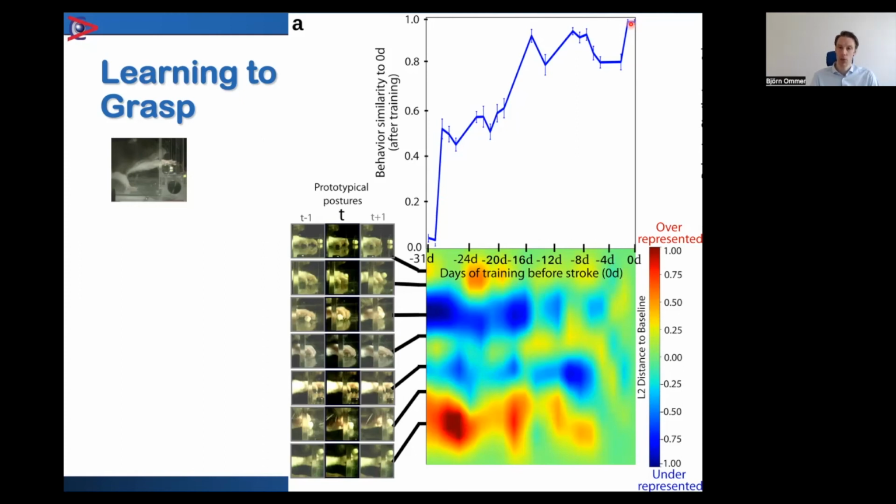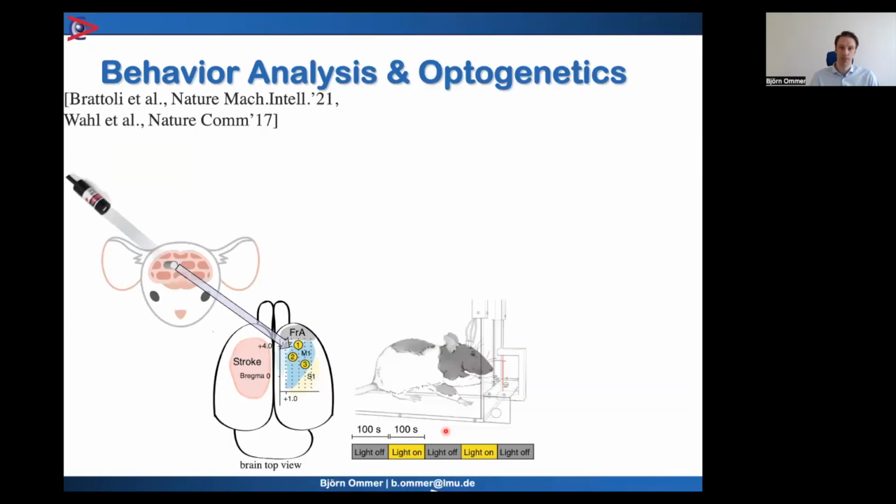We can see prototypical postures that are early on here when training starts, underrepresented in blue or overrepresented. So we can see the postures which are lacking, which the rats prototypically don't exhibit, or here in blue, or represent too much compared to trained animals.